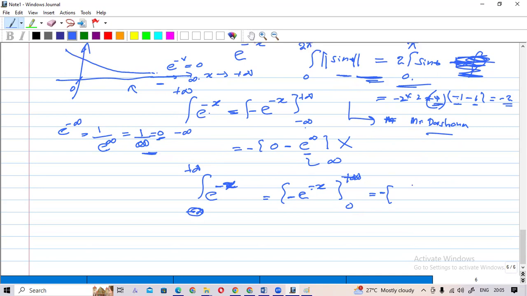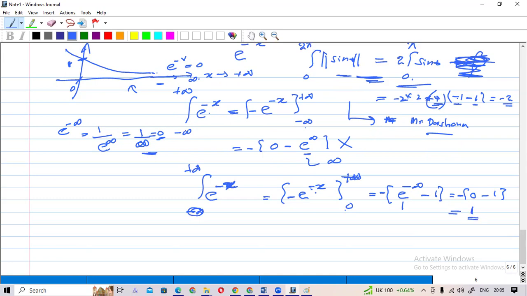So e to the power minus infinity is nothing but 0. Minus e to the power 0, and e to the power 0 is 1. So you will have 1 here. So at the upper limit you have 0, then minus into minus 1, so the answer is 1.